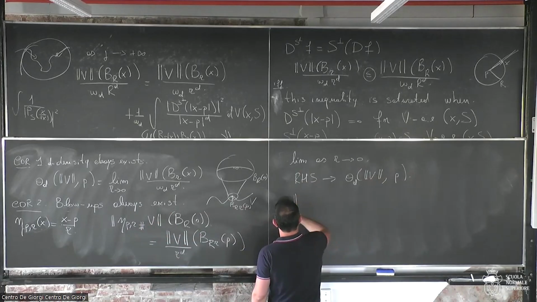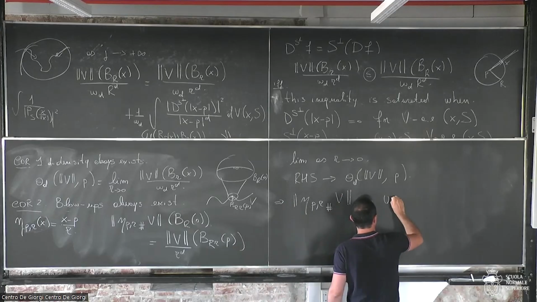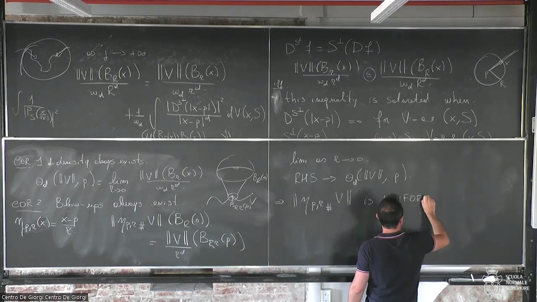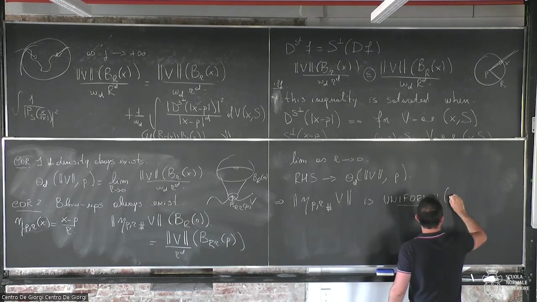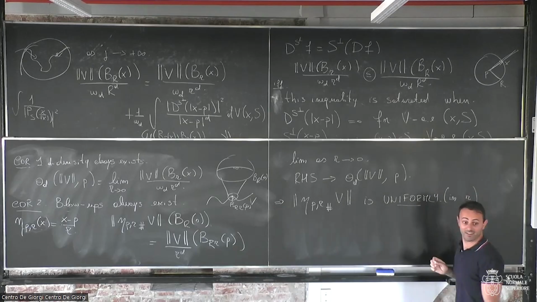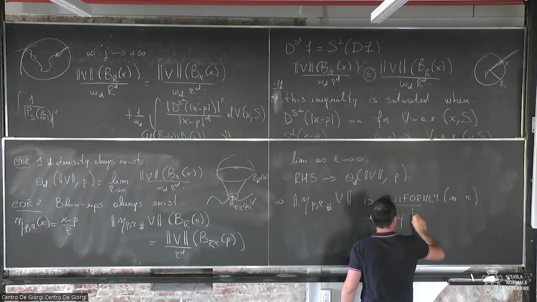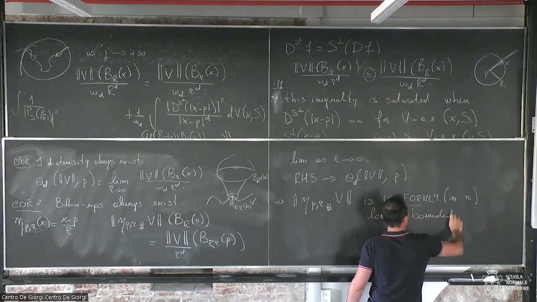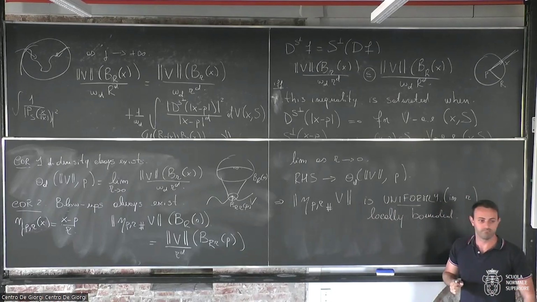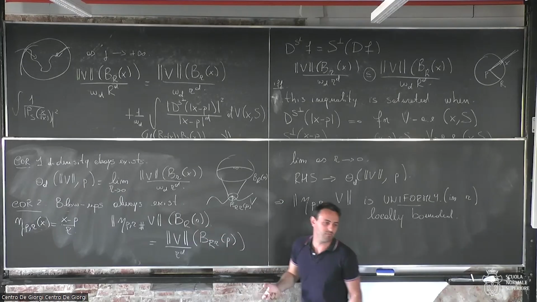So we use that eta P R push forward P is uniformly, in R, little r, locally bounded. Right? Because it will always converge to the density.